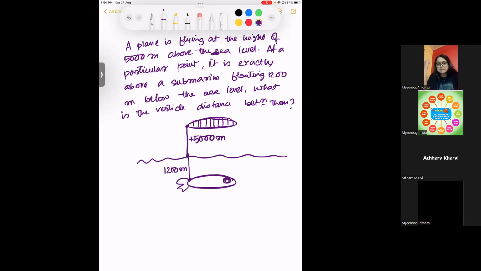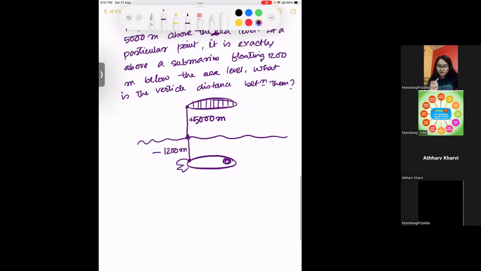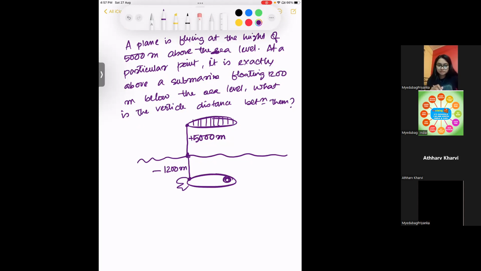So will it be plus 1,200 or minus 1,200 from the sea level? It will be minus 1,200. So now we are asked what is the distance between them. Do we add or subtract?